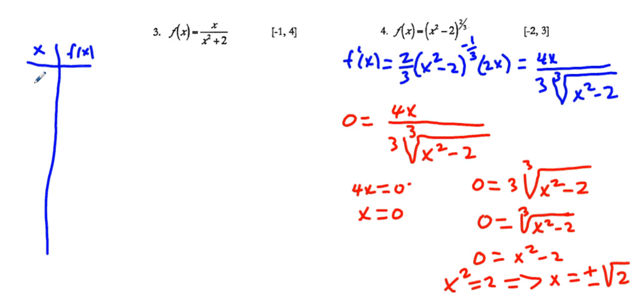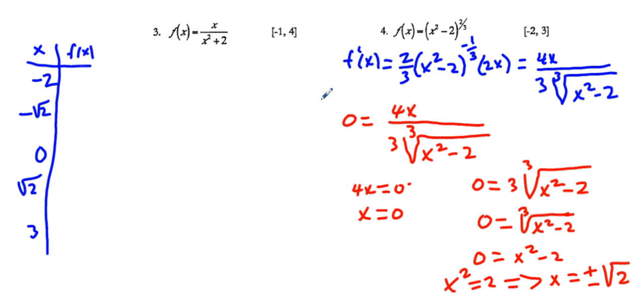We got negative 2, negative square root of 2, we have 0, we have square root of 2, and we have finally 3. So those are the 5 candidates we had.